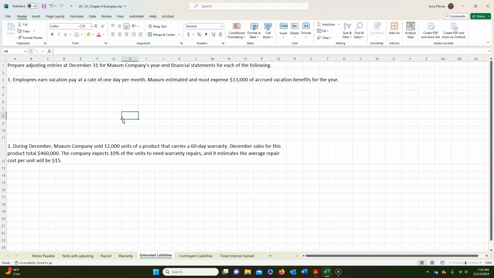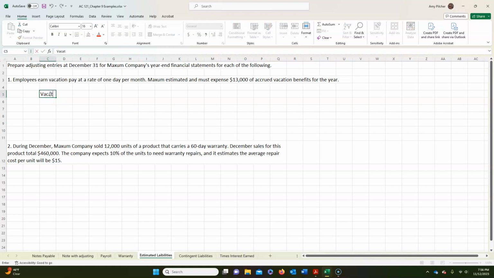It's a liability to us until the employees actually take the vacation. So we need to record the expense in the period in which it happens, but then we have a vacation expense payable that we charge against when employees take vacation.